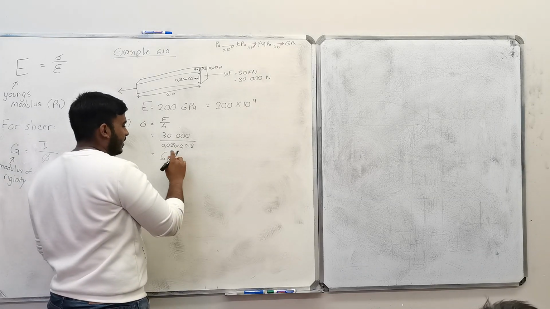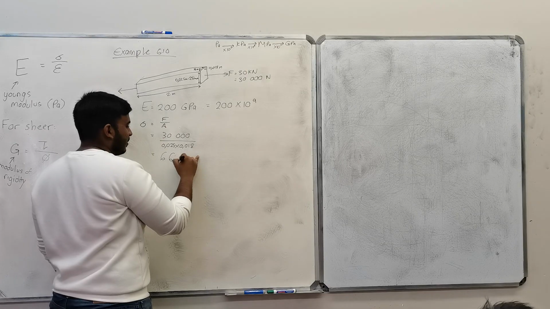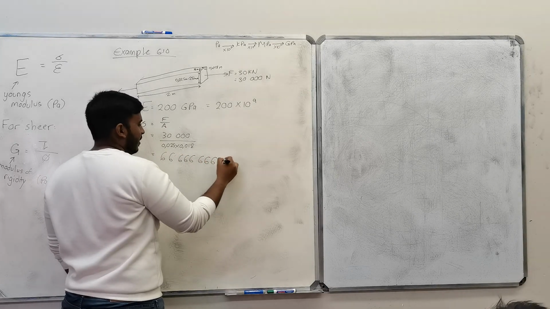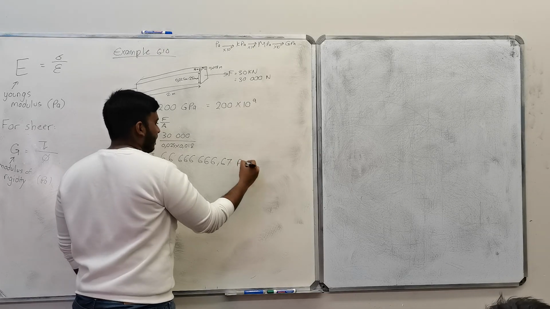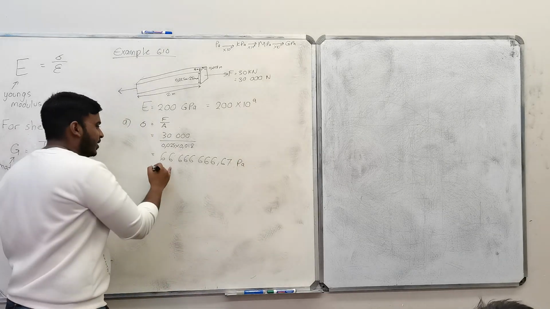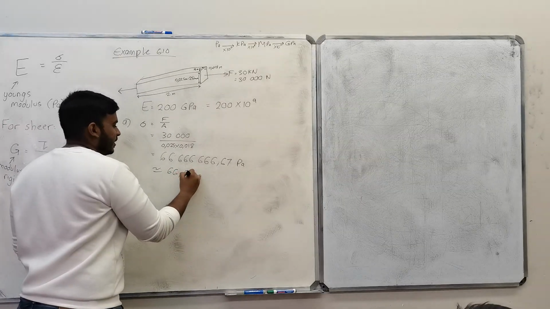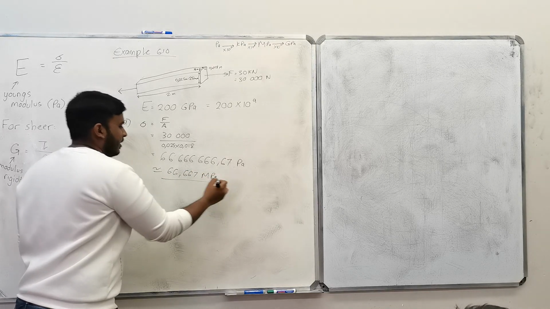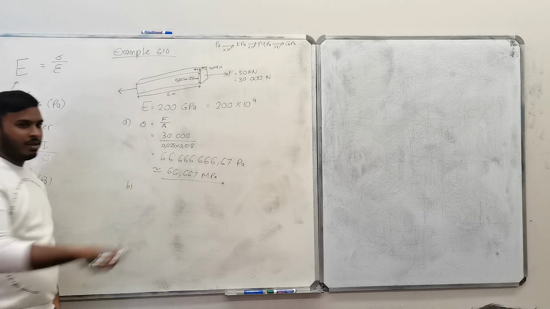How many sixes? 1, 2, 3, 4, 5, 6. 66.67 times 10 to the 6 pascals, which is 66.667 megapascals. That's your stress.